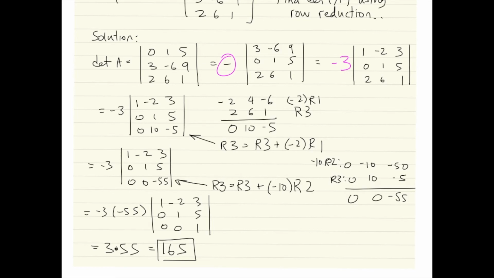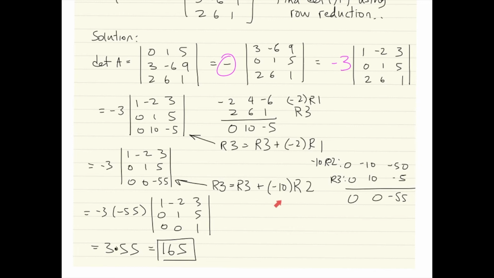All right, so the next step is to turn this 10 into a 0, because then I'll be in row reduced form. And what I can do is replace row 3 by adding to it negative 10 times row 2.